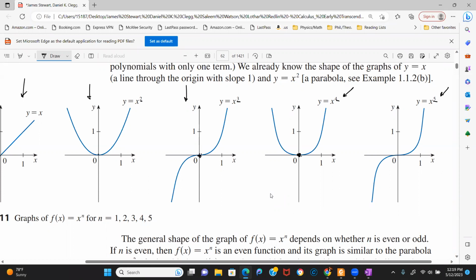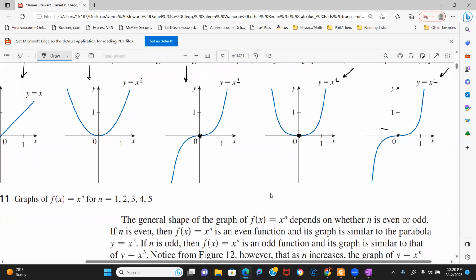But you can see near 0, it flattens out more because when you take a number between 0 and 1 and raise it to the fifth power, it becomes even smaller. When you take a number between 0 and 1 and raise it to the seventh power, it becomes even smaller. So that's why it flattens out near the origin like that. It's those numbers getting closer to 0.